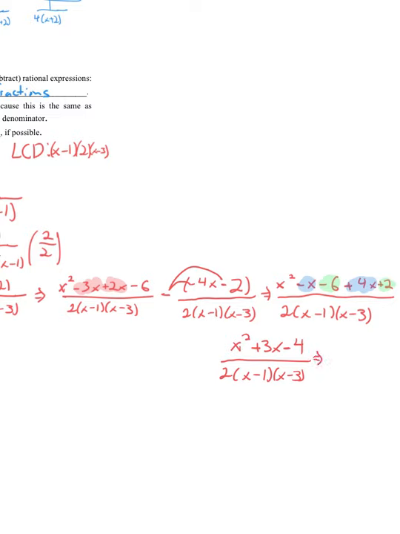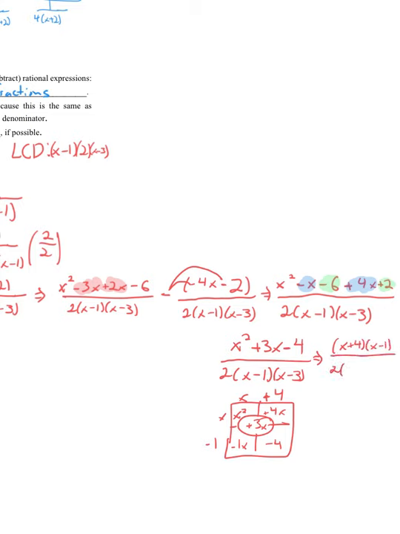Unfortunately, my numerator is in standard form, so I would want to simplify that again. x squared plus 3x minus 4. That could be a positive 4 and a negative 1. That's a negative 1x, a positive 4x. That'll give me a positive 3x. And that's good because it actually means I do get something that does simplify here.